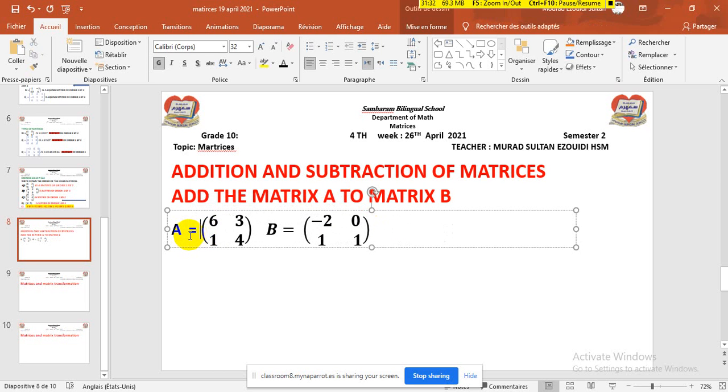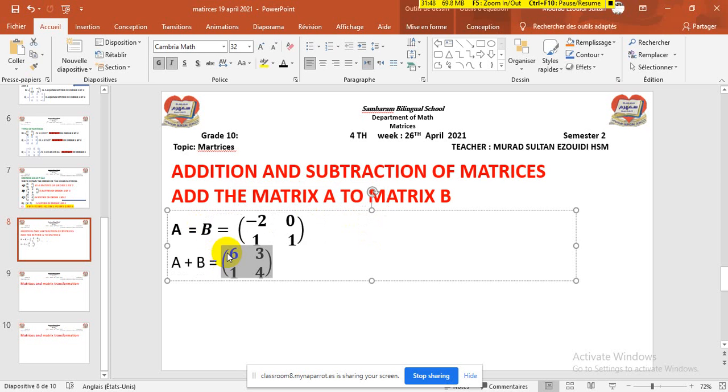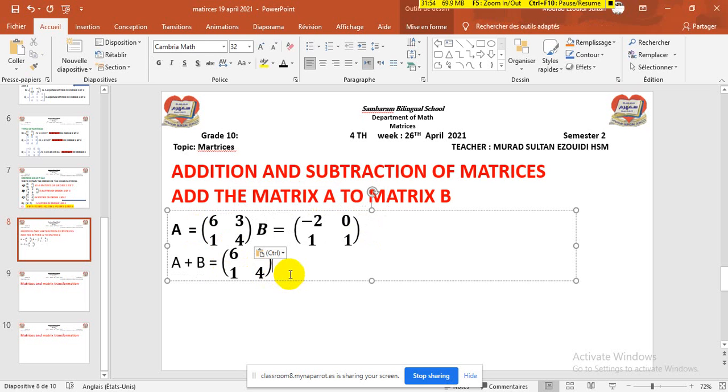So, I will make here, my daughters, I will go down. I will make A plus B. It will be equal to, what is A? This is A. I will copy and paste it here. Then plus what? Plus B. B is that.